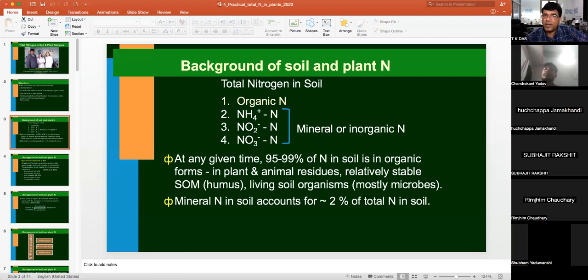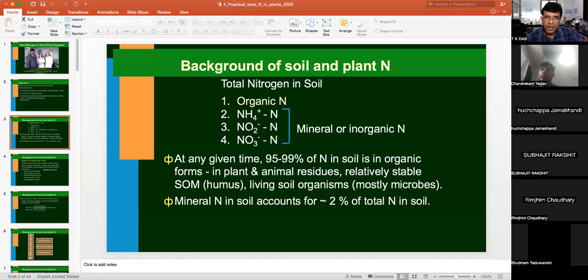You can add urea to increase the mineral nitrogen in soil. You can add organic matter or manures to the soil, and after decomposition of those organic materials, they can supply mineral nitrogen, which is called mineralization. So organic forms of nitrogen will also give you inorganic form of nitrogen.